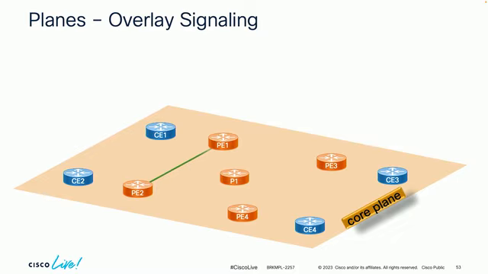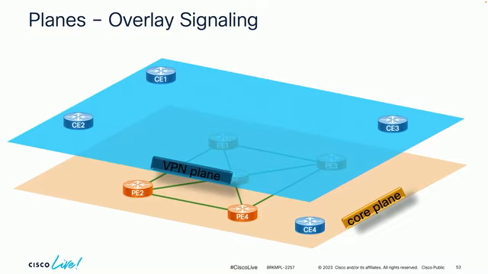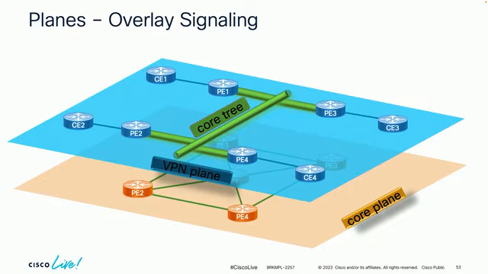So just to see how exactly signaling works in MVPN, we have two parts here. Per VPN, we are going to create an underlay tree which defines how exactly all of the PE devices which are hosting the VPN are going to get connected, or how exactly the core tree will be built.